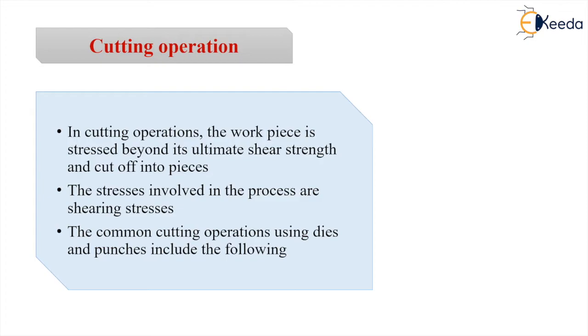Now in the sheet metal operation, we are having cutting operations and forming operations. So let us see the cutting operations in the sheet metal. Here the workpiece is stressed beyond the ultimate shear strength and cut off into pieces by shearing action, as I already told you. The stress involved in the process is shearing stress.